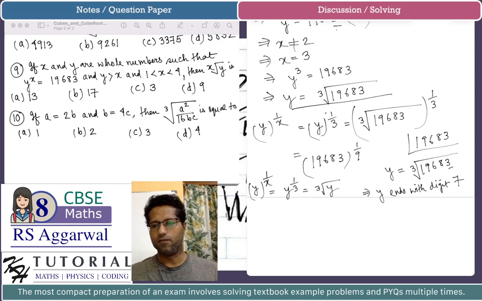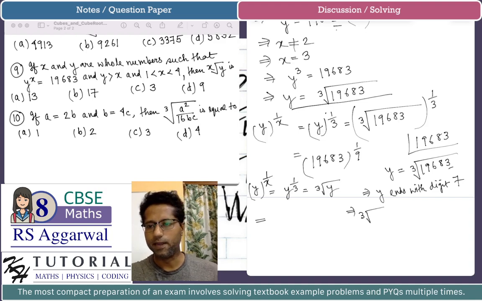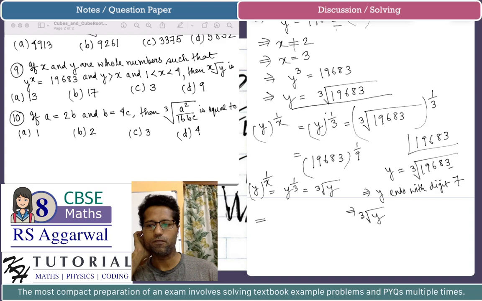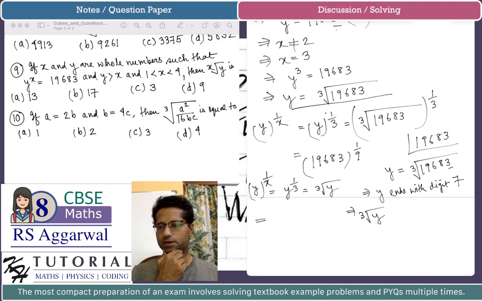Now we have to figure out the ending digit of the cube root of y. Any perfect cube that ends with 3, by observation, has a cube root that ends with the digit 7. So y will end with the digit 7.